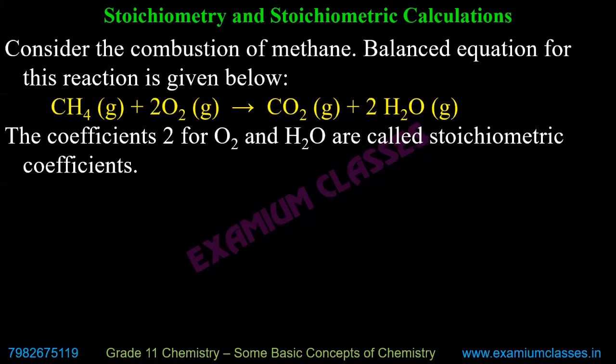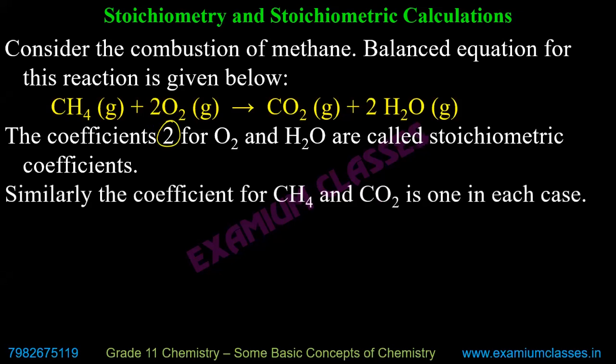In this reaction, we are saying that the coefficients, 2 of O2 and 2 of H2O, are called stoichiometric coefficients. So that's why I said this is just a buzzword, nothing else.